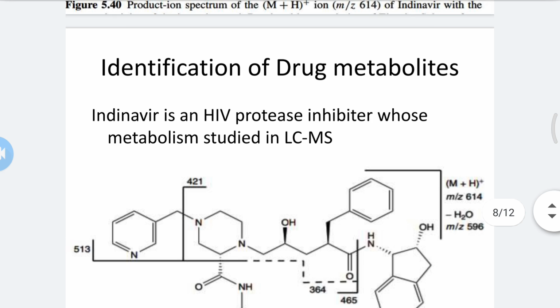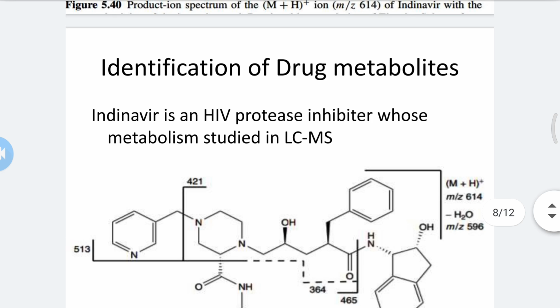First example, Indinavir is an HIV protease inhibitor whose metabolism is studied by LCMS/MS.